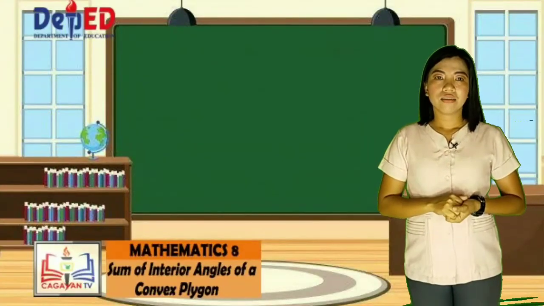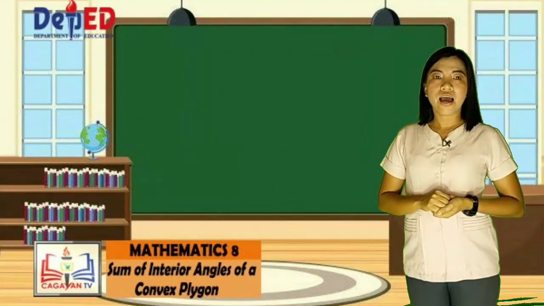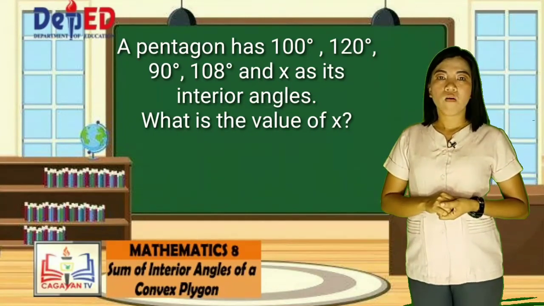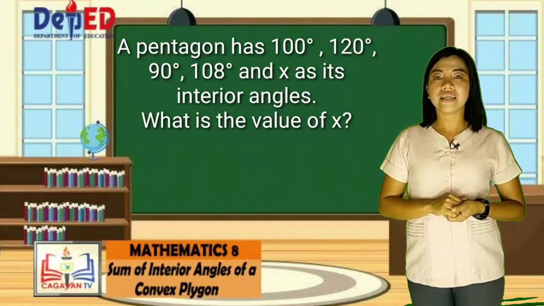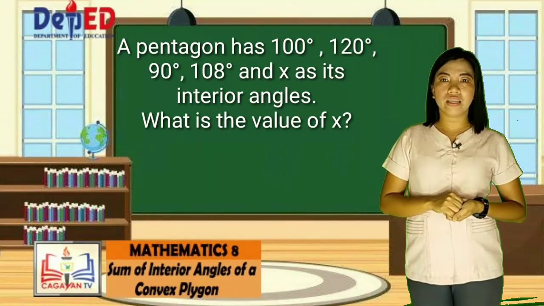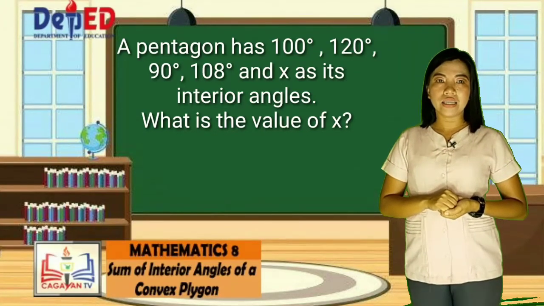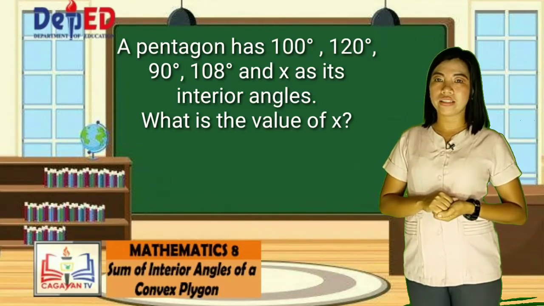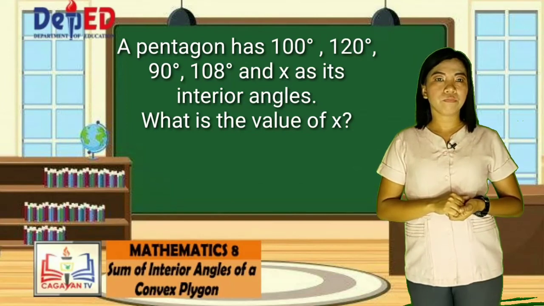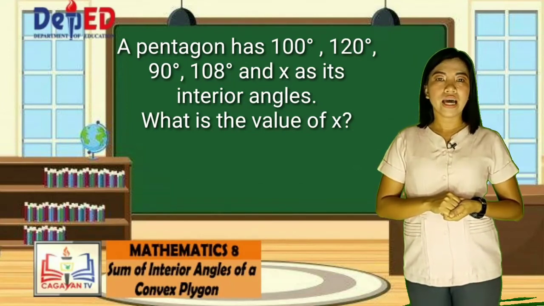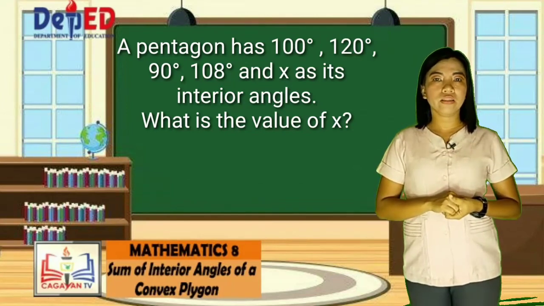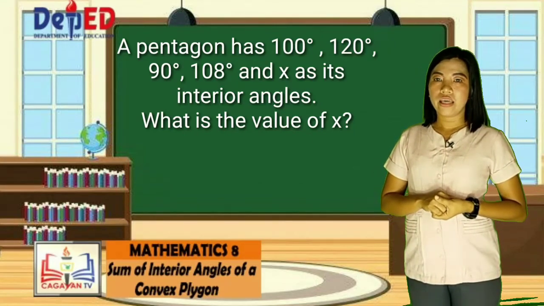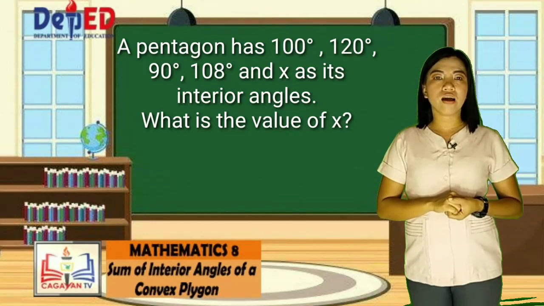The last problem. We have a pentagon has 100 degrees, 120 degrees, 90 degrees, 108 degrees, and x degrees as its interior angles. What is the value of x? I repeat, a pentagon has 100 degrees, 120 degrees, 90 degrees, 108 degrees, and x as its interior angles.